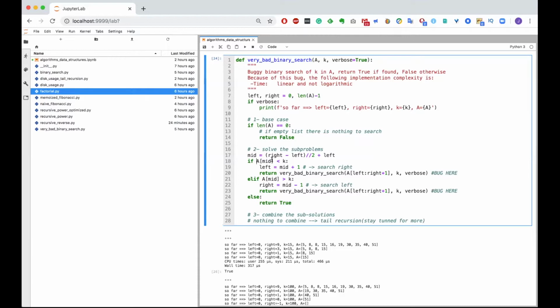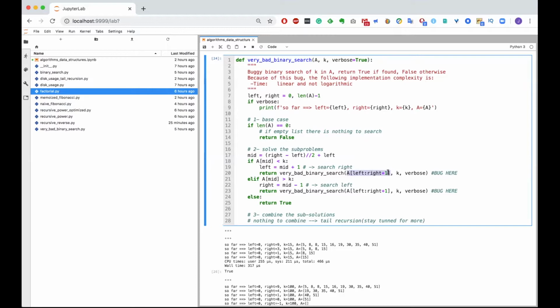If we don't find it, if a mid is lower than k, we search on the right. It means that, like we saw in our example, everything to the left will definitely be smaller. So we just keep looking on the right, and by looking on the right, it means that we move left to wherever mid was plus one. And that's it. So it looks like binary search, but this is a bug.